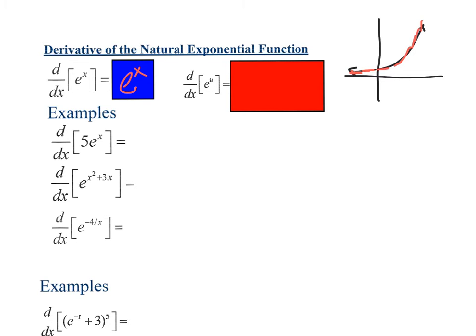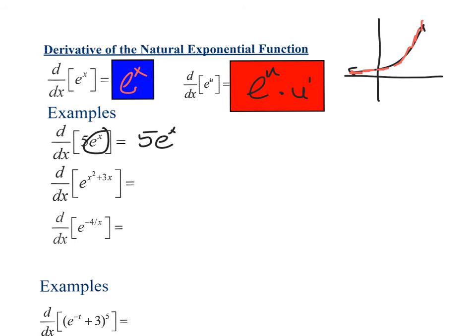If you have a different value in the exponent other than x, same idea as what we're used to doing. It's e to the u, because the exponent is u, times the derivative of u. So a little chain rule action that we're used to doing there. Okay, so for the first example, 5 times the derivative of e to the x, well, the derivative of e to the x is e to the x, so this is just 5e to the x.